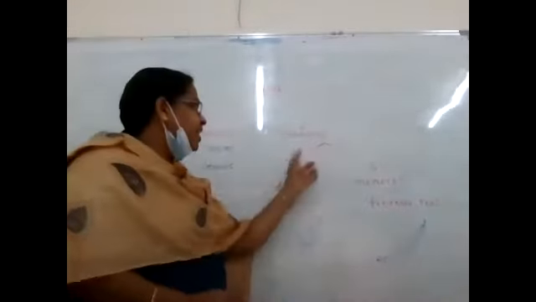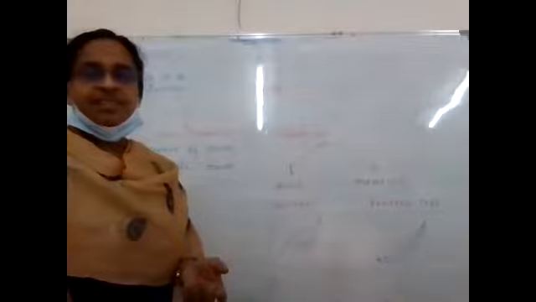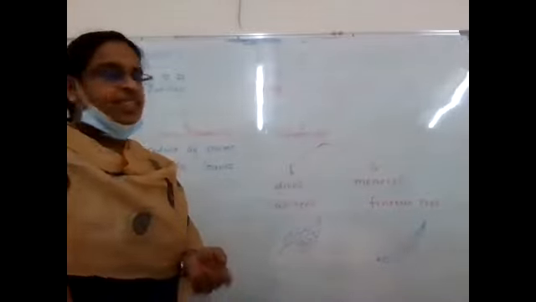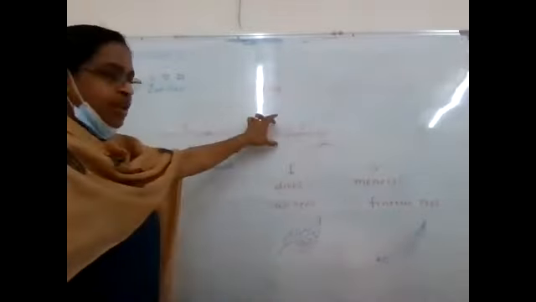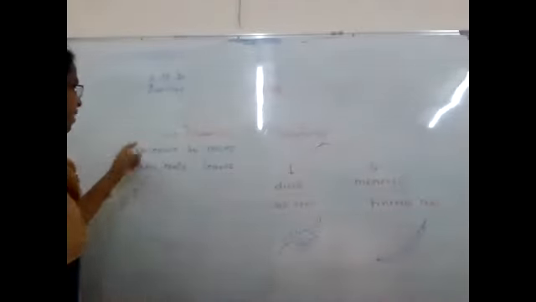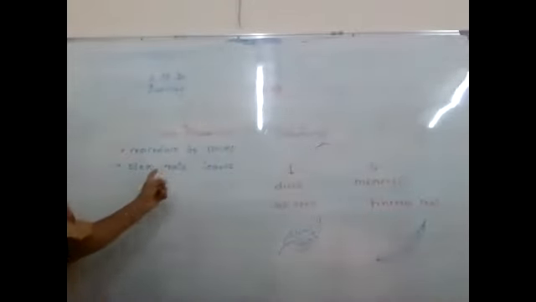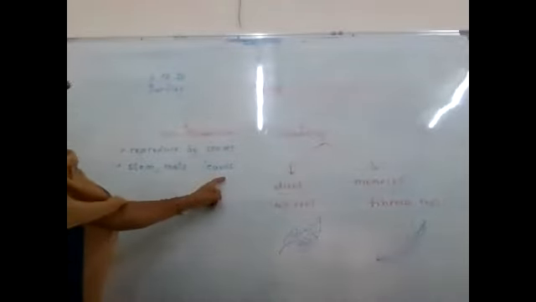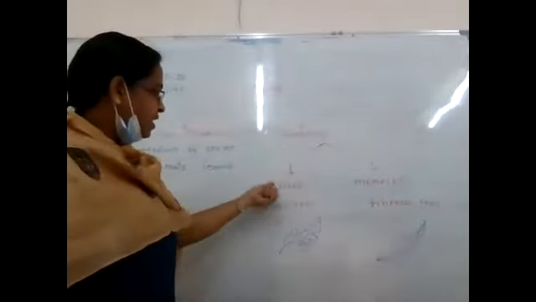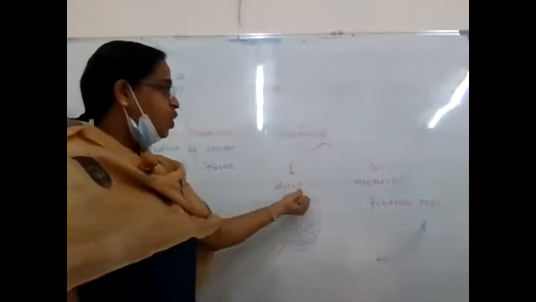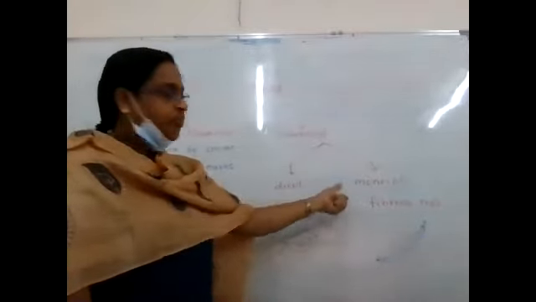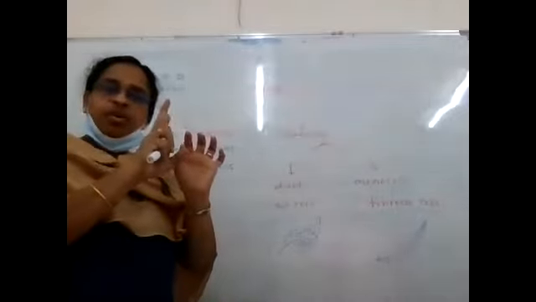Okay. So is it clear about the classification of plants? Non-flowering and flowering. Non-flowering plants reproduce by spores and have stems, roots and leaves. Flowering plants are of two types, dicot and monocot. Dicot have two cotyledons.